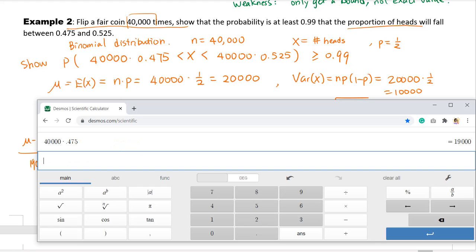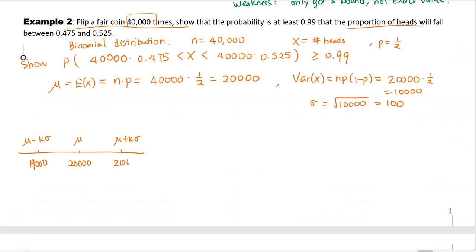And then we have 40,000 times 0.525, which is 21,000. What's the distance? It's 1,000, right? The distance is 1,000 on each side, and 1,000 is k sigma. We already know sigma is 100. So k equals 1,000 over 100, which is 10.